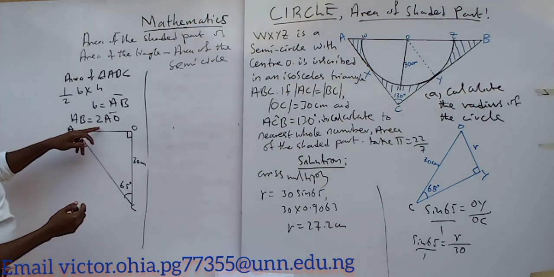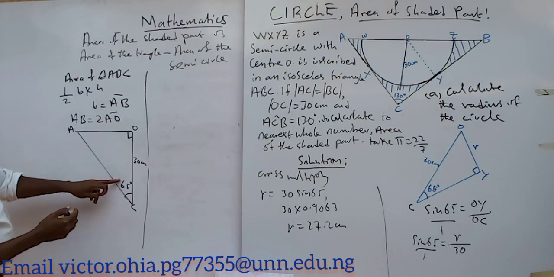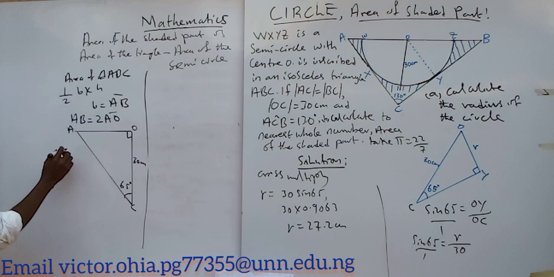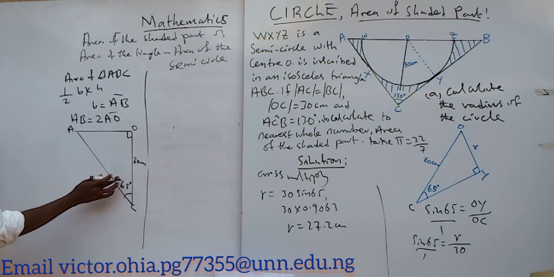Now, if you watch here, this AO is opposite to this angle, and this is adjacent to it. So I am going to deploy the ratio of the opposite side and the adjacent side, which is tan of this angle.